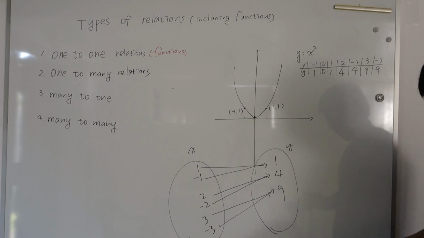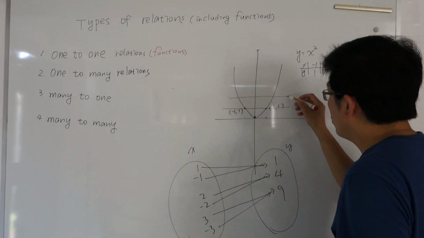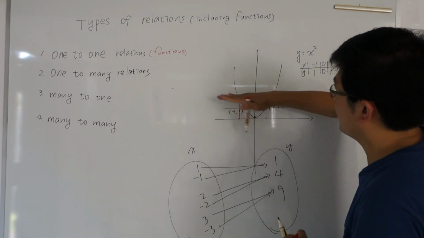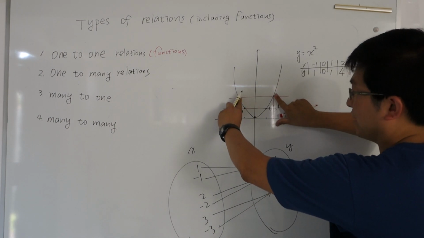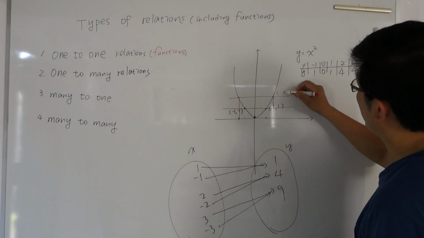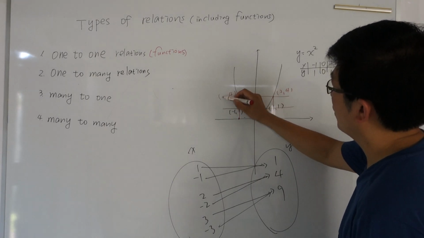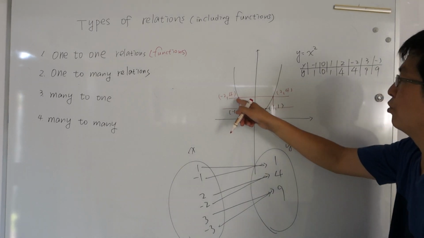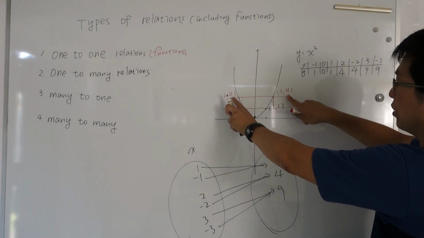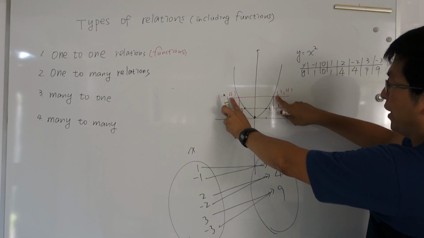See? You just draw a horizontal line. You can have different x for the same y value, right? Suppose here is 4. Here is 2, 4. Here is negative 2, 4. The y equals 4 has 2 different x values, 2 and negative 2.